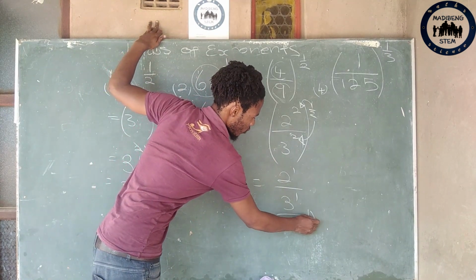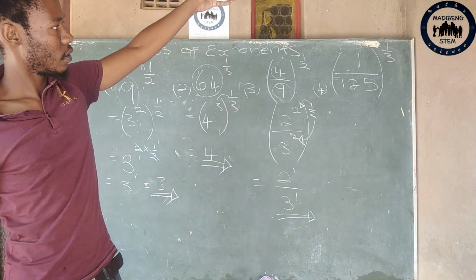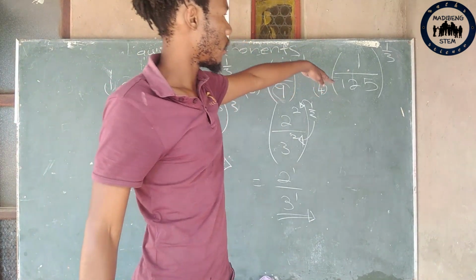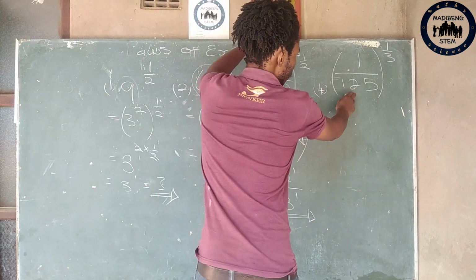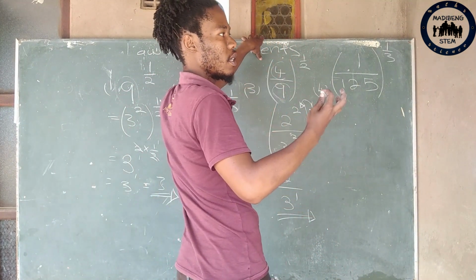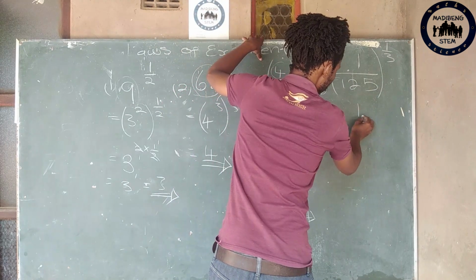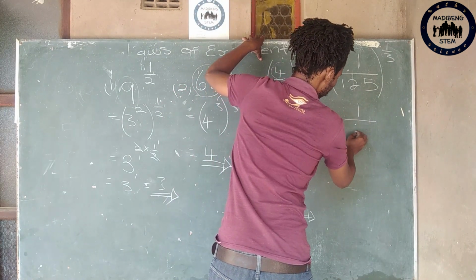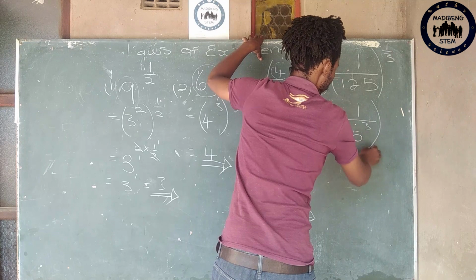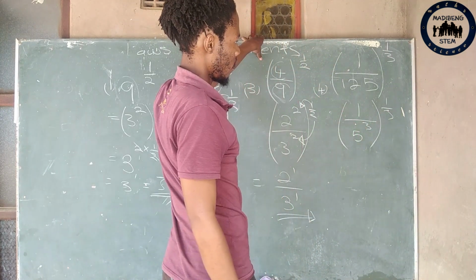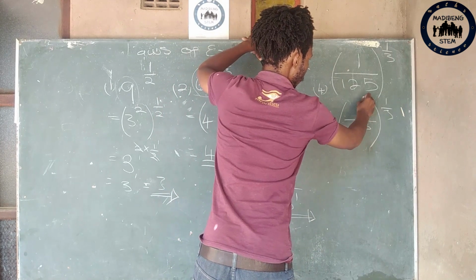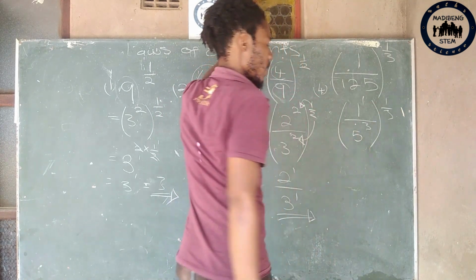3 over 2. What is 1 over 25 to the exponent of 1 over 3? You change this. You put it in exponential form. It's 5 to the exponent 3. 1 over 3. So there is 1 here.